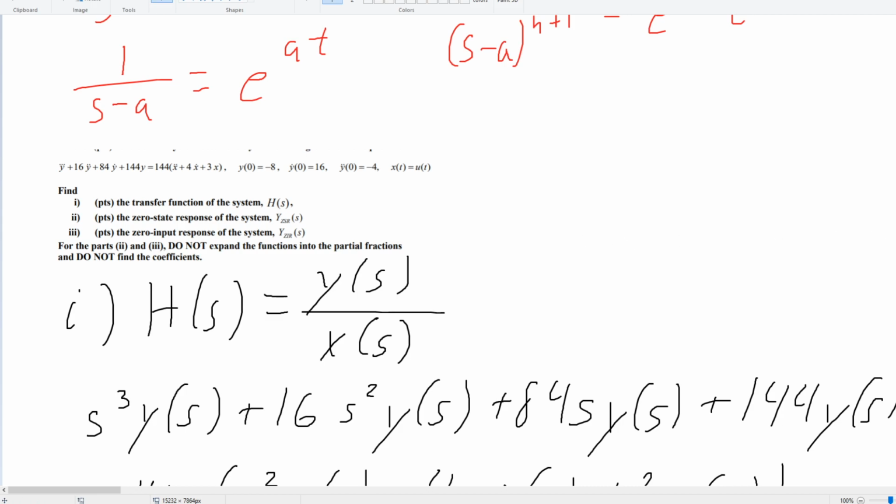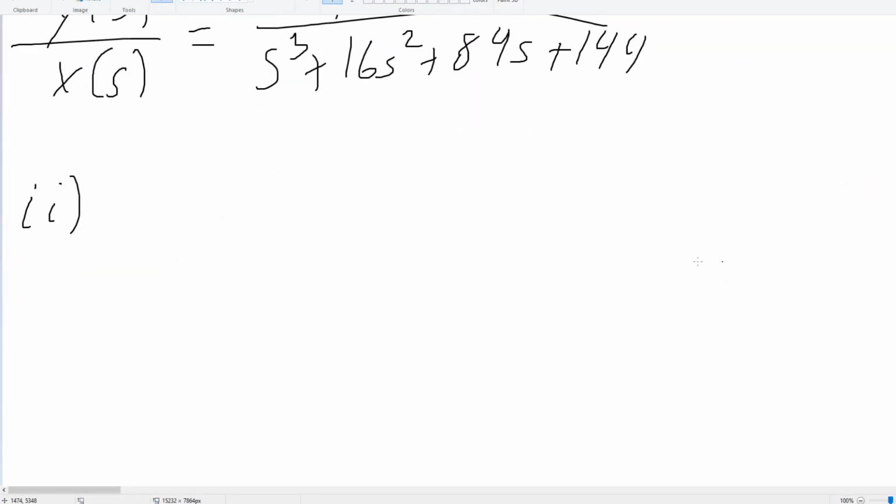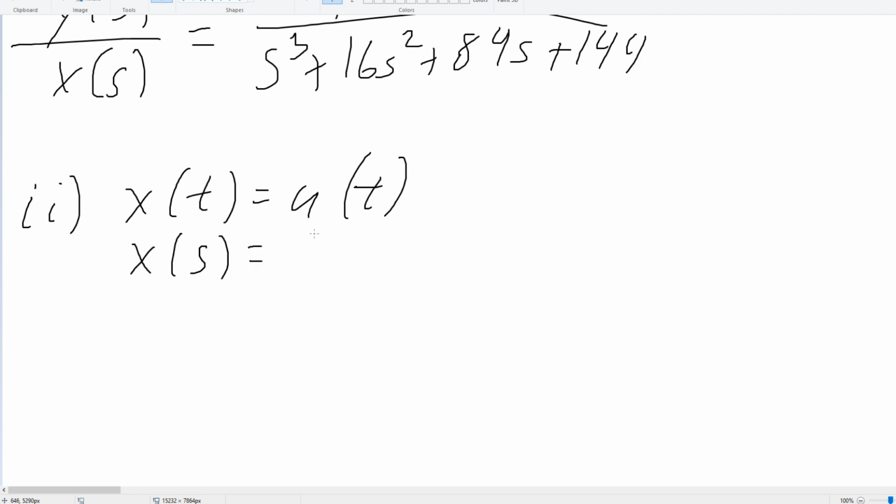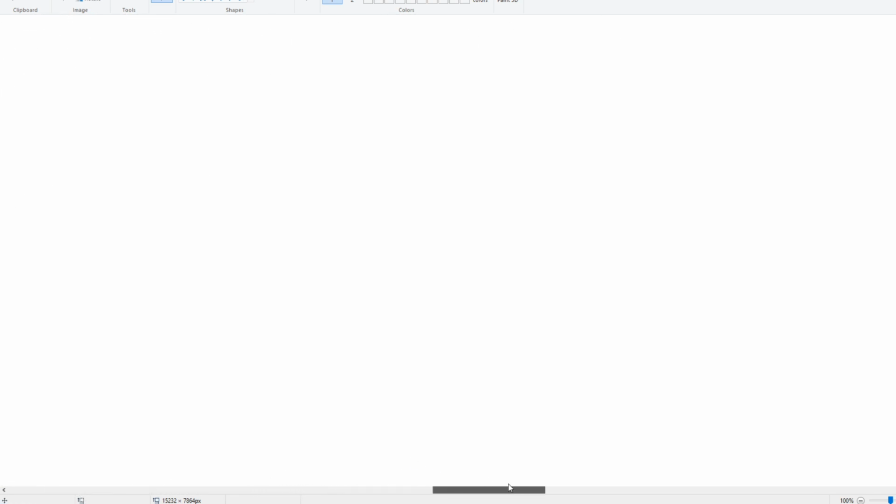Now, let me just rewrite that. x(t) is equal to u(t). Now, if we were to transform that, we have X(s), which is equal to u(t), becomes 1 over s. Now, I believe there's another sheet for that as well. Let me take a look over here.